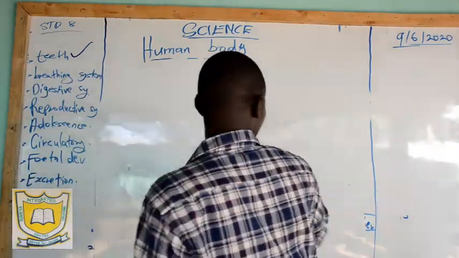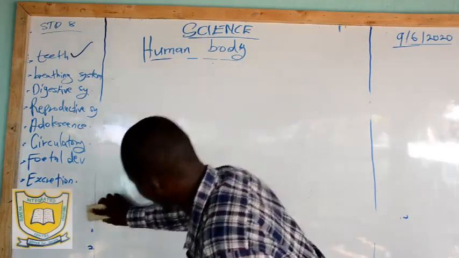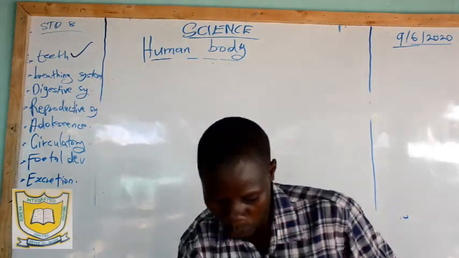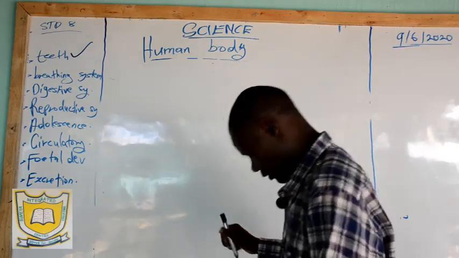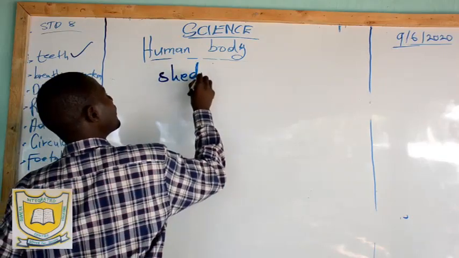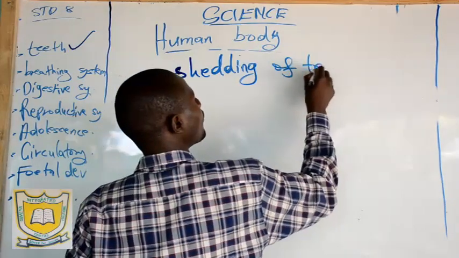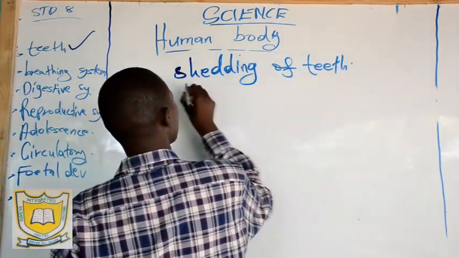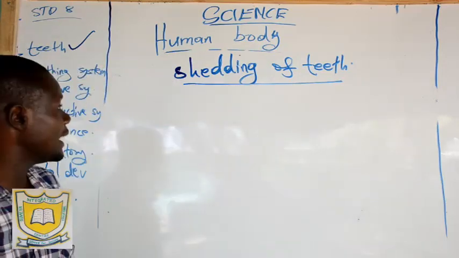Now, after talking about the functions, the structure, and the number of teeth, we have what we call shedding of teeth. Now, what do we mean when we talk about shedding?